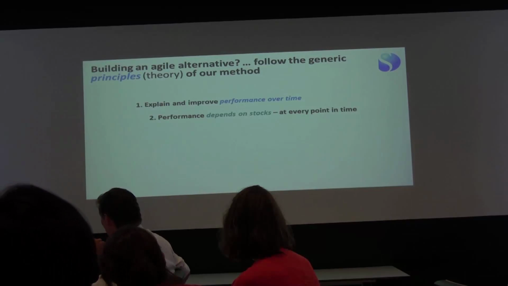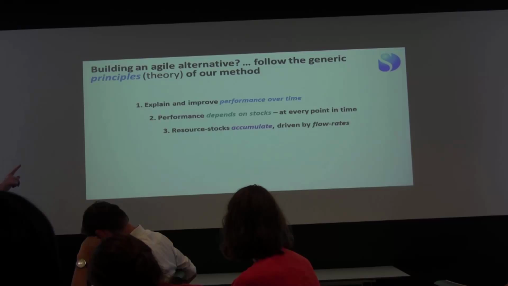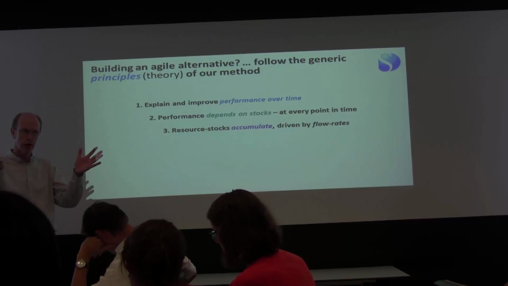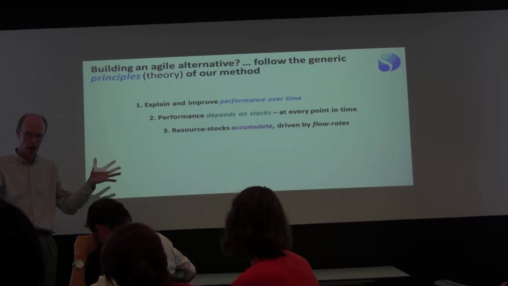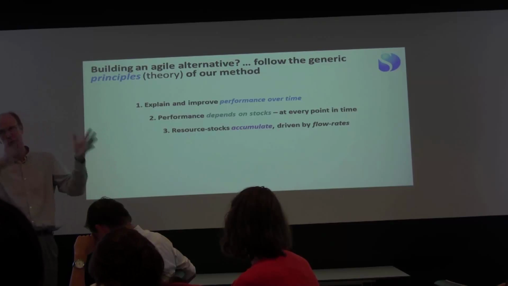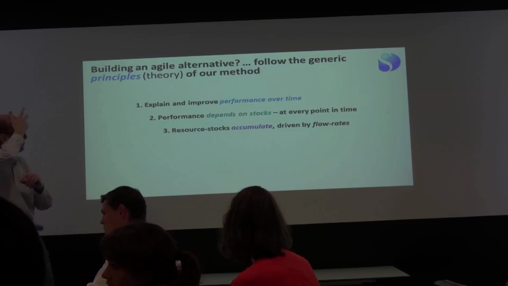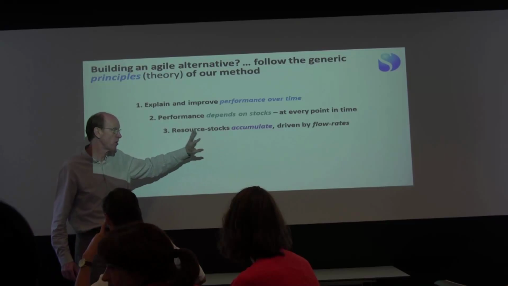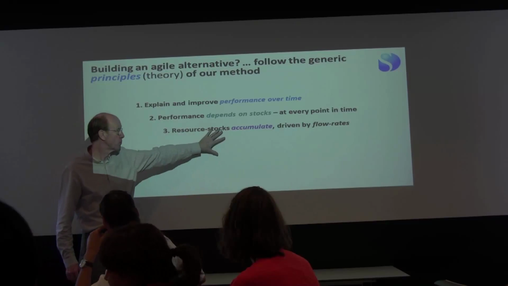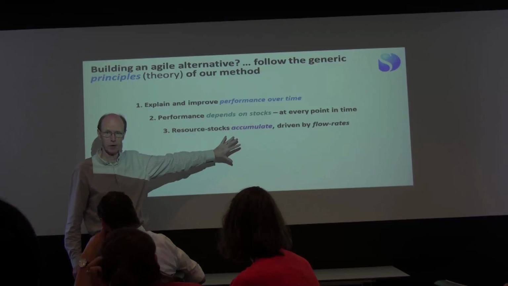Now that's really helpful because the only way that a stock can change is if something flows in or flows out. If you don't have things flowing in or out, the stock can't change. If the stock doesn't change, then the performance doesn't change. Everything else outside of you. So flow rates are critical. And I'll just say, in any model you build, you put a big red ring around every flow. Right?